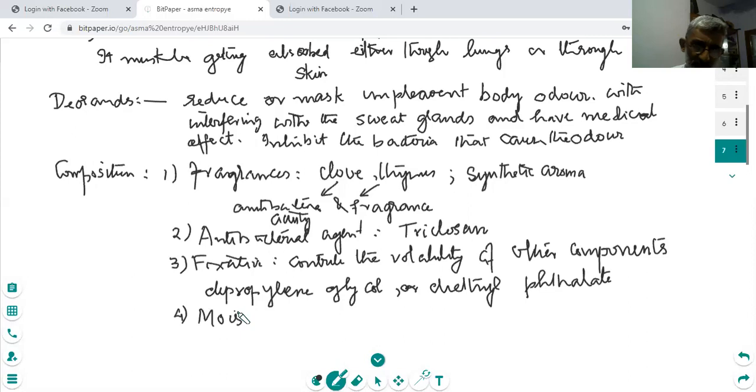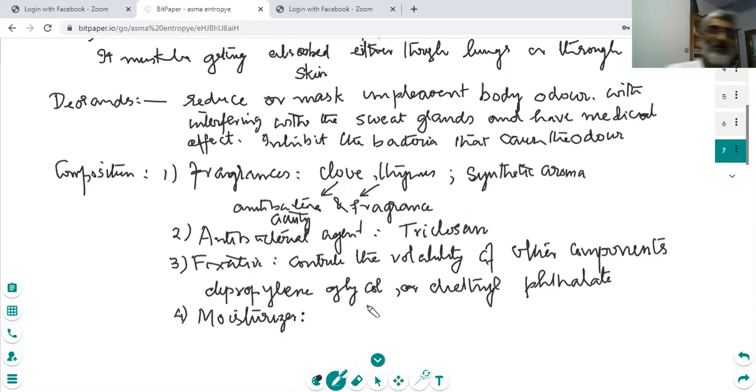The fourth one is the moisturizer. The role of the moisturizer is to absorb the excess moisture, excess sweat, and retain what is required.